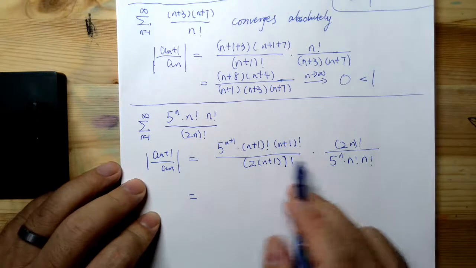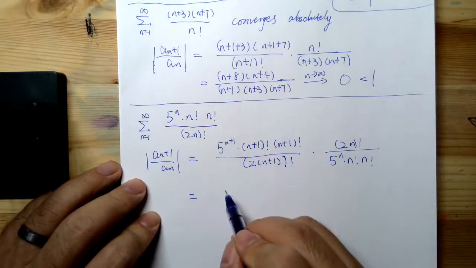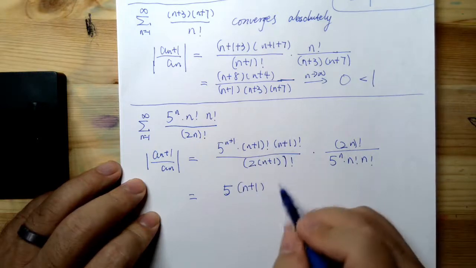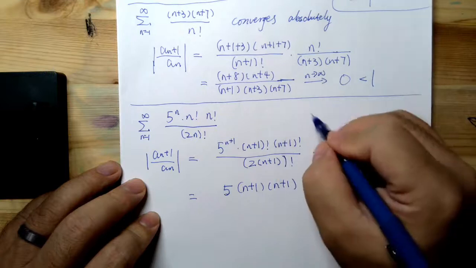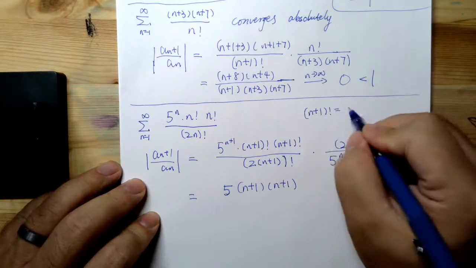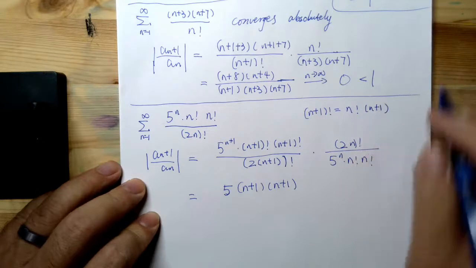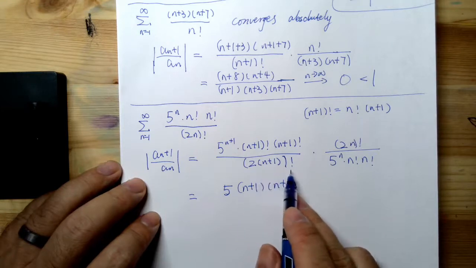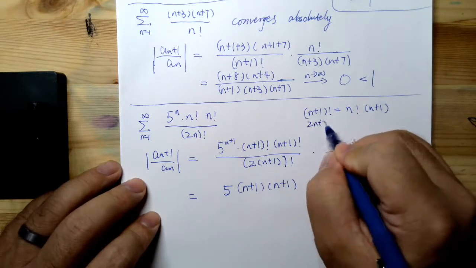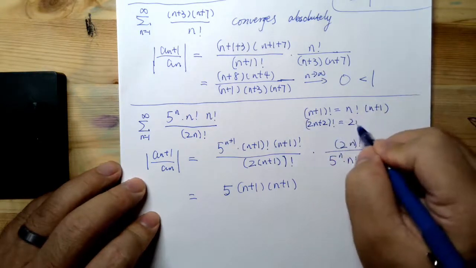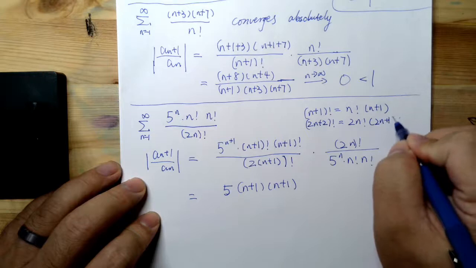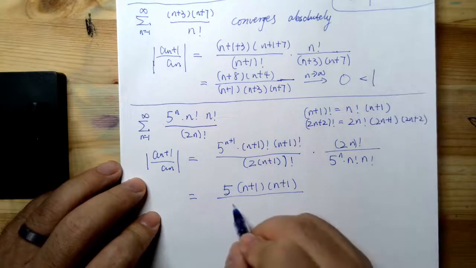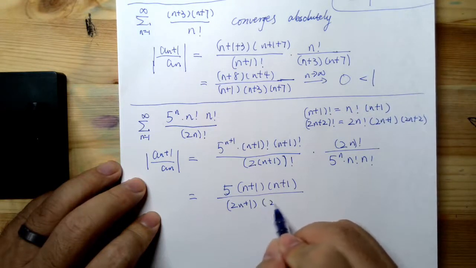So there is a lot of cancellation involved here. You have 5 left. On the top, you have n plus 1 left, and there's another n plus 1 left, because (n plus 1) factorial can be written as n factorial times (n plus 1). Also, I need to make sure this part is (2n plus 2) factorial, which is (2n) factorial times (2n plus 1), times (2n plus 2). After that cancellation, we have (2n plus 1) and then (2n plus 2).